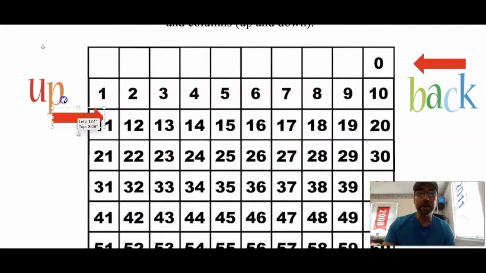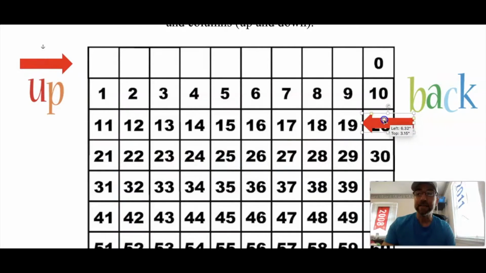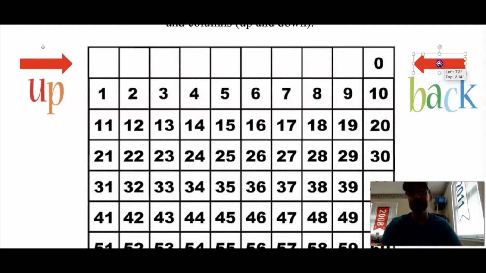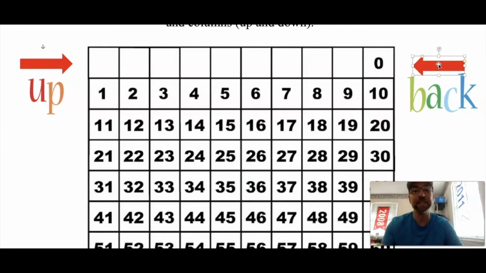But on a number grid, I can also go back. 20, 19, 18, 17, 16, 15, 14, 13, 12, 11, 10, 9, 8, 7, 6, 5, 4, 3, 2, 1, 0. Blast off. So a number grid is another math tool that we can use to help us count.